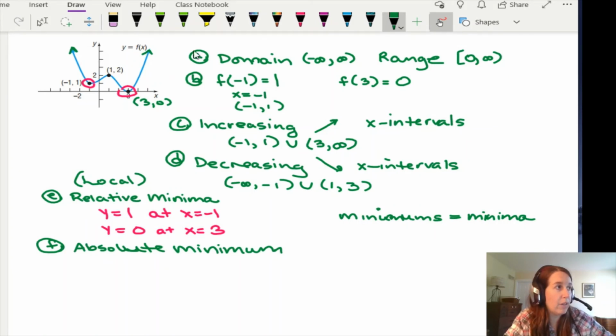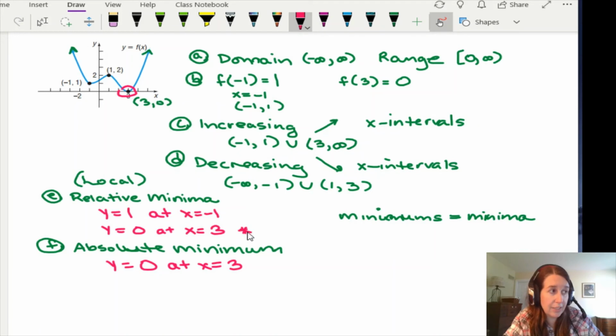Where is that lowest value of the whole graph? Well, it's just this point right here, right? The lowest value of the whole graph is 0 at x equals 3. So notice that it is relative, but it is also the very lowest point of the graph.